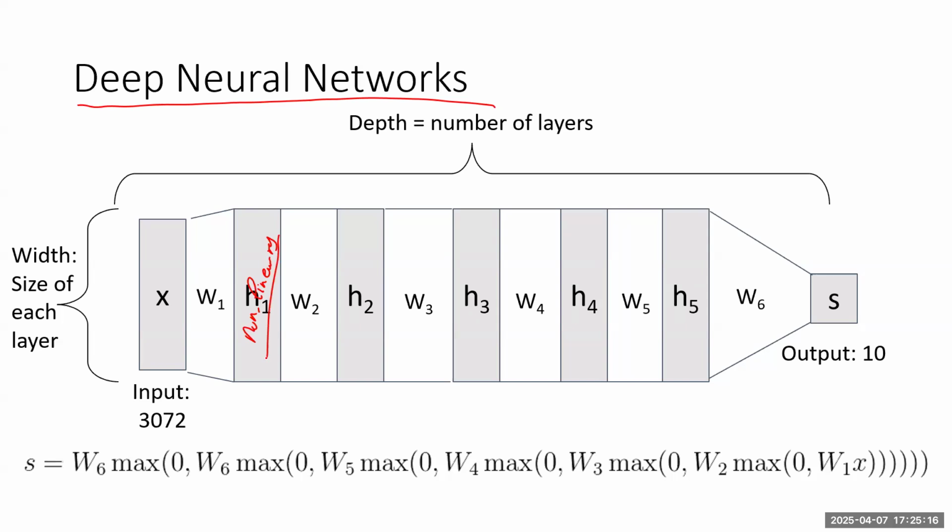W4, another. Each H or each hidden layer must have an activation function. Without activation, I can't have the nonlinearity. Okay? So as you can see, all of them have the nonlinearity.